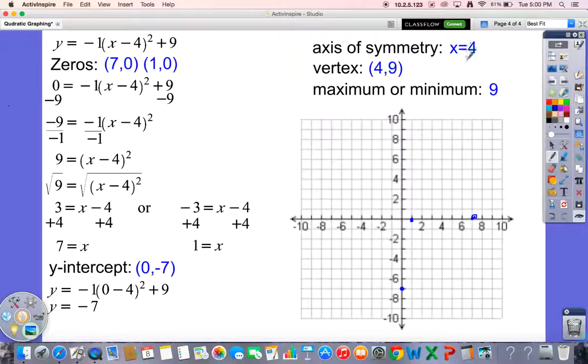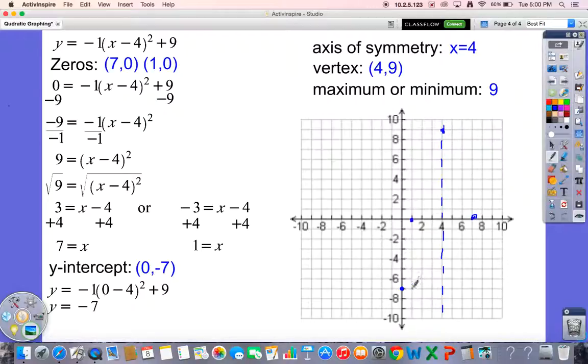I have an axis of symmetry at x equals 4. This is that guiding line that helps me to make sure that when I draw my parabola, it looks like a mirror reflection. I have a vertex at (4, 9), right up here.